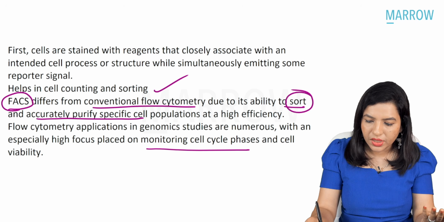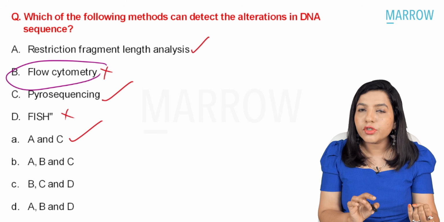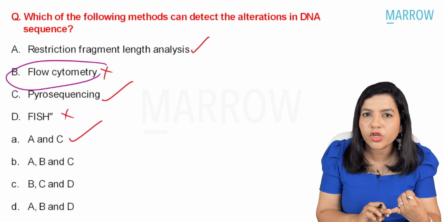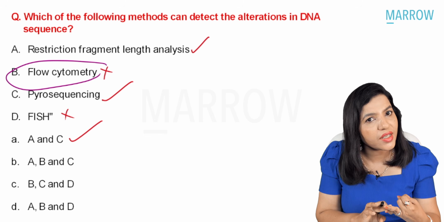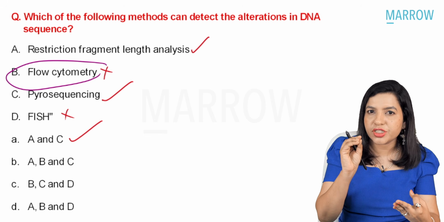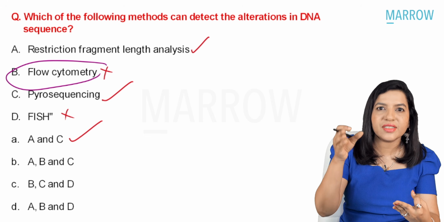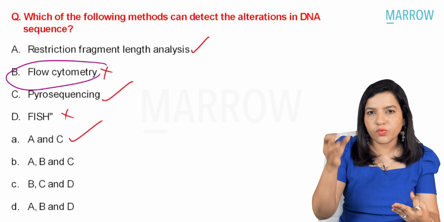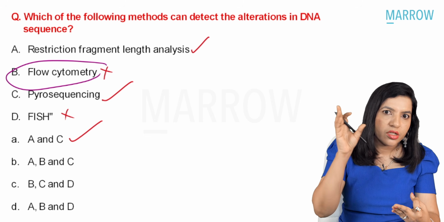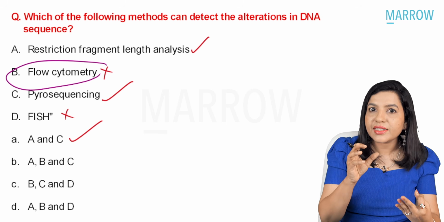And finally, what is asked in the question is FISH, fluorescent in situ hybridization. FISH is a technique to study structural abnormalities as well as numerical abnormalities in the chromosome, and it can detect deletion and amplification.